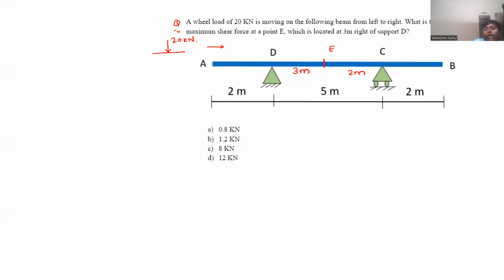Now, I am directly doing it. When you cut it here and apply a shear release, you will see that the ILD for shear force at E will be something like this.